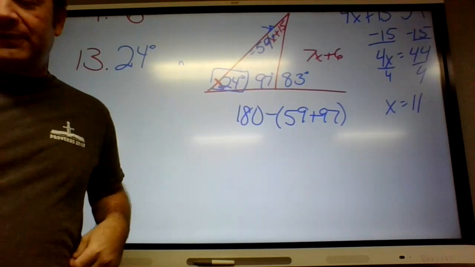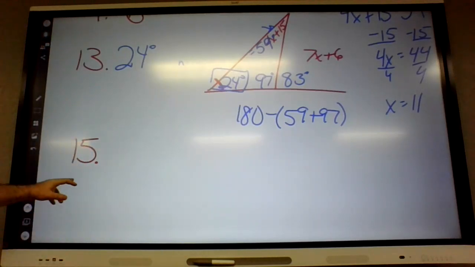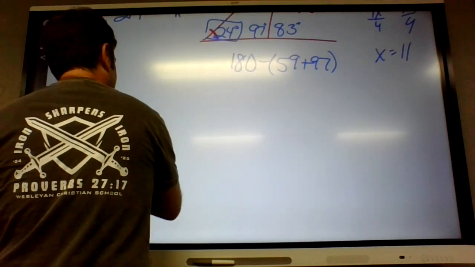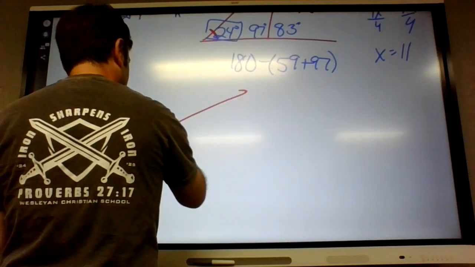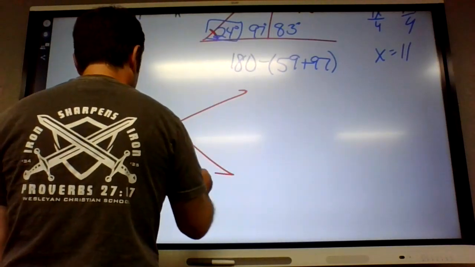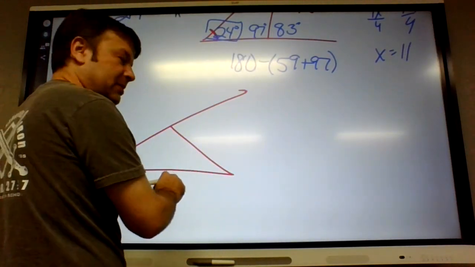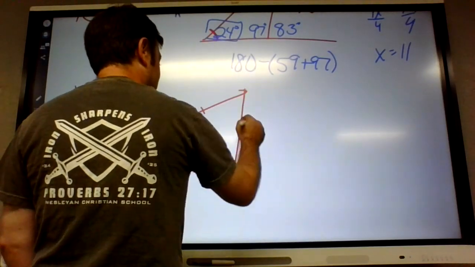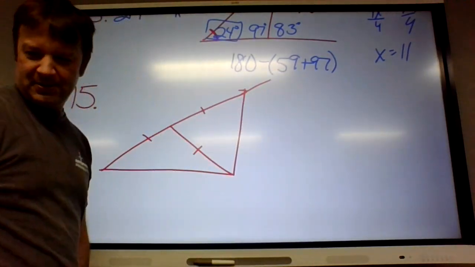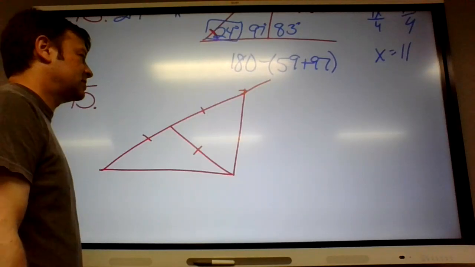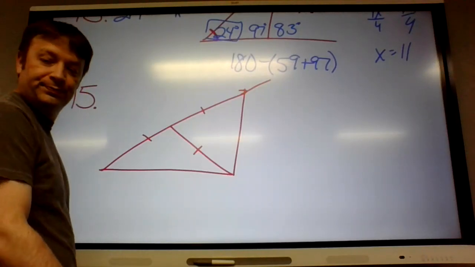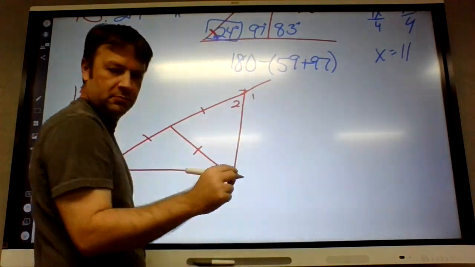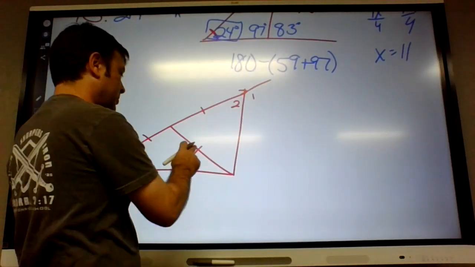Alrighty, 15 is a bit of a doozy. Let me see if I can draw it better than I did in the other class. Is that what it looks like? Yeah, so I nailed it. Oh, I put the marks in the wrong spot.